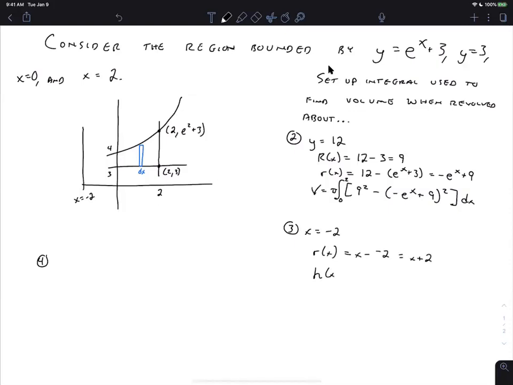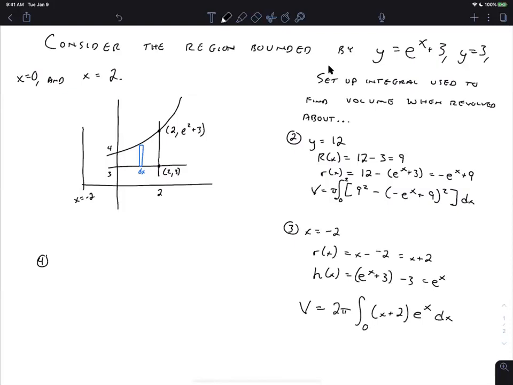H of x is e to the x plus 3 minus 3, which is just e to the x. And so the volume is 2 pi integral x plus 2 times e to the x dx.